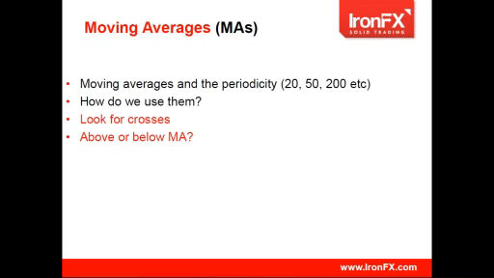So, for example, if you put on a chart a 20 period moving average and a 50 period moving average, and you watch them closely, the 20 period moving average is going to be the fastest. I'm going to show you at the end how to put on the chart a moving average or a MACD or the other indicators that we are going to talk about.